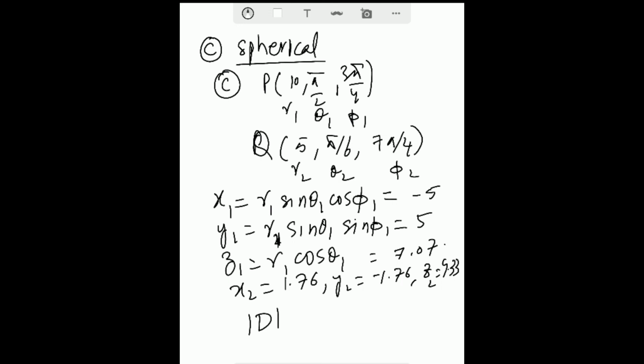If we put in the distance rule, (x2 minus x1) squared plus (y2 minus y1) squared plus (z2 minus z1) squared, this is equal to 9.95.